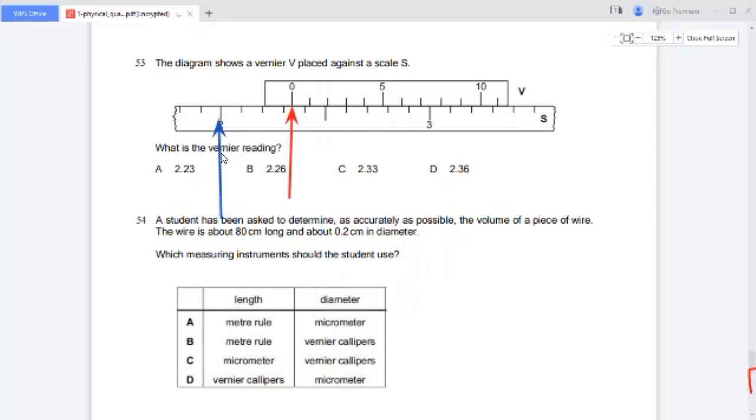Okay, so it is 2 and here is 3. It means it would be 2.1, 2.2 and 2.3, and here is 2.4. It means the 0 of the vernier scale is in between 2.3 and 2.4.